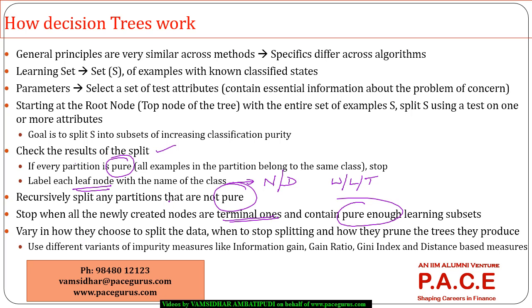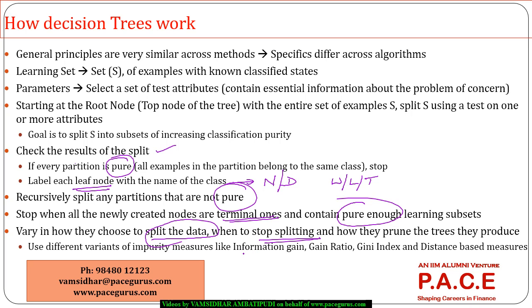Now this is where the different models will differ. How the data is split, which attributes are used for splitting the data, right? Which one is used first, which one is used next. On what basis the splitting of the data based on the rules is typically happening. When to stop splitting.